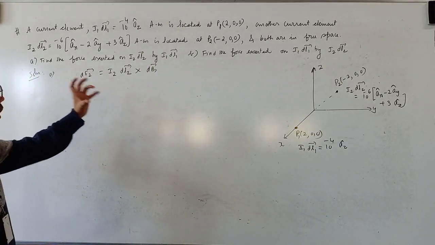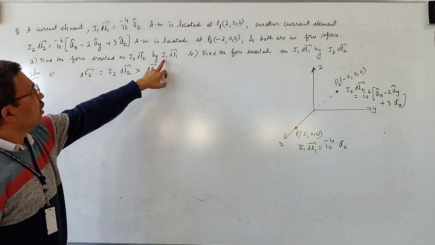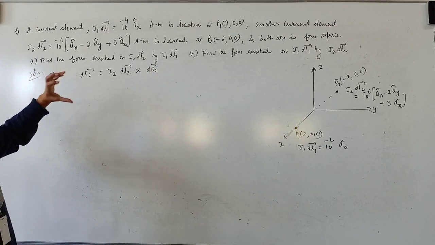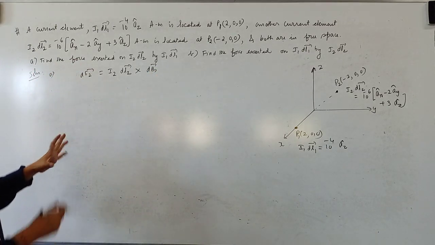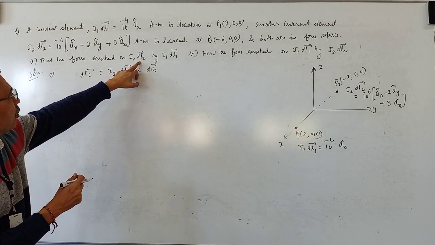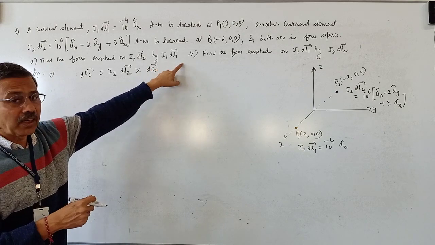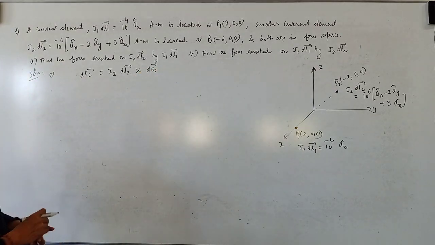The magnetic field has to come from the element I1 vector dl1 and the current is from element 2. Please note that I2 dl2 will interact with the magnetic field produced by I1 vector dl1. This is the formula which I have derived.